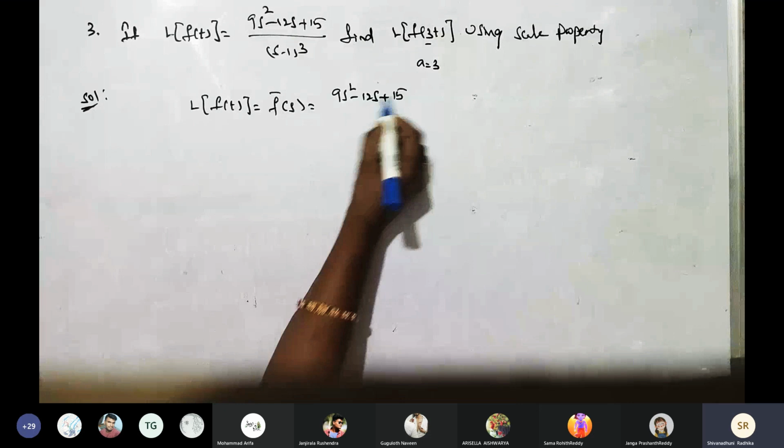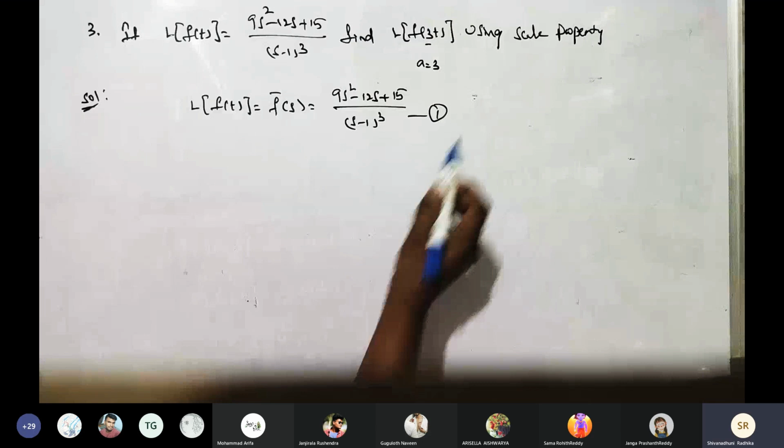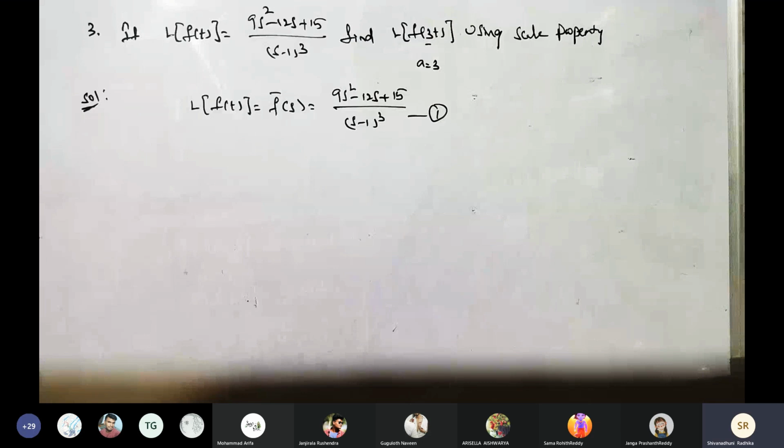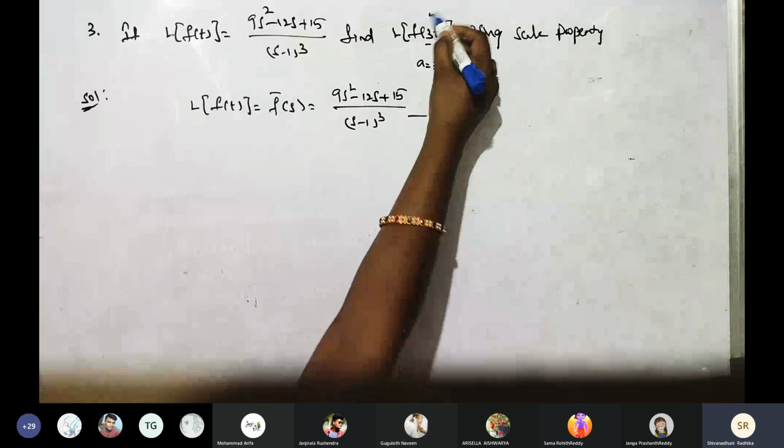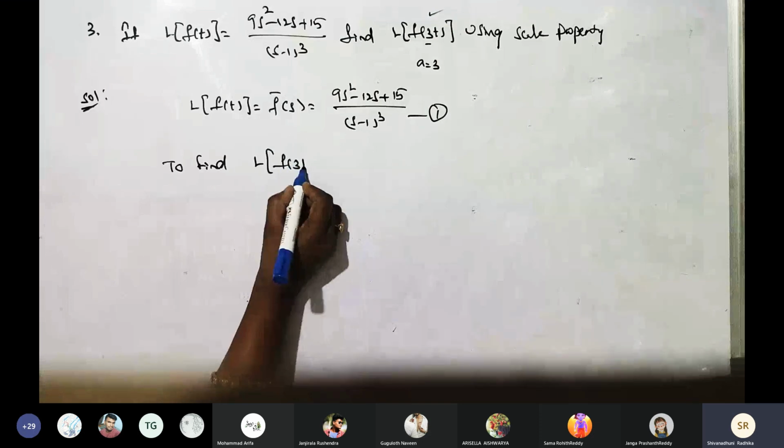Now, what is the formula for the change of scale property? L of f of at equals 1 by a into f bar of s by a. Now what we need to find here is L of f of 3t by using scale property.